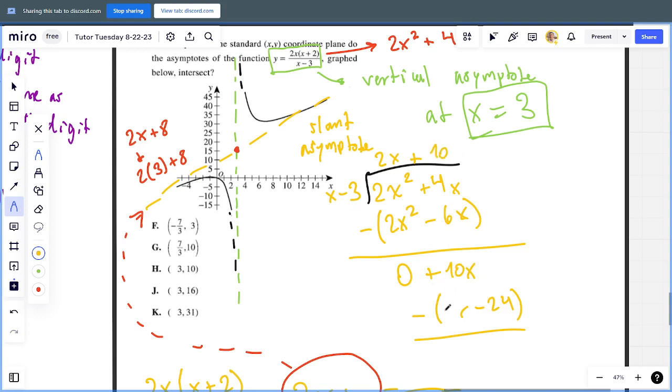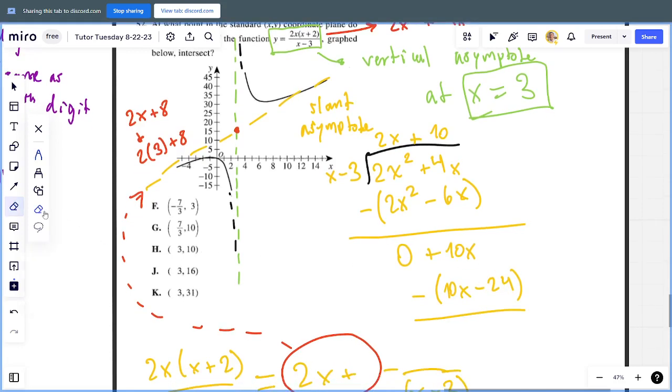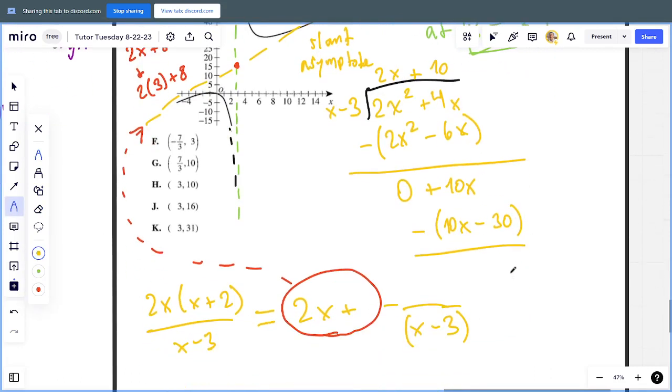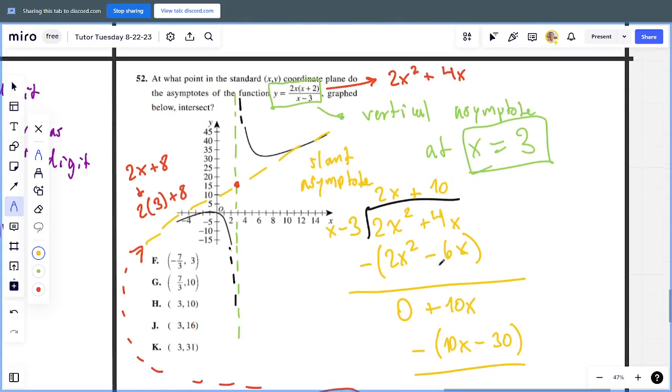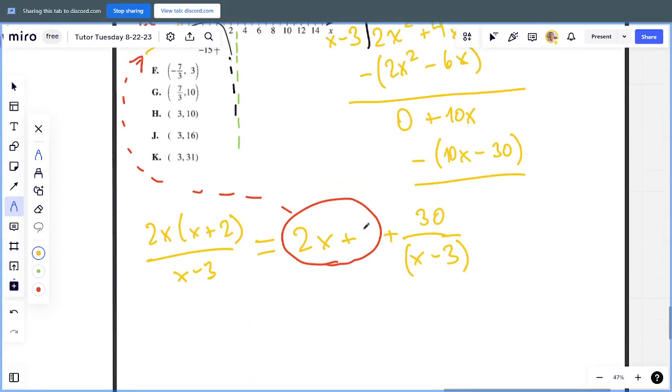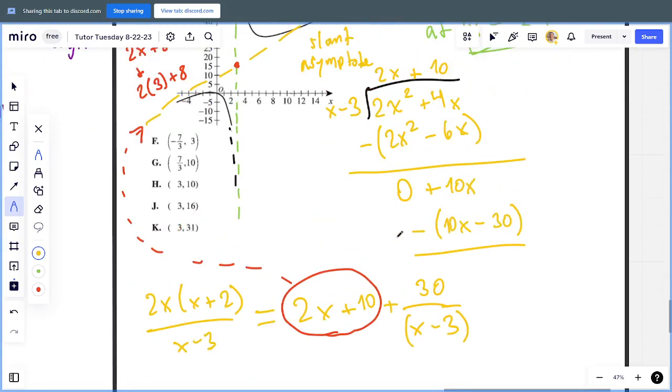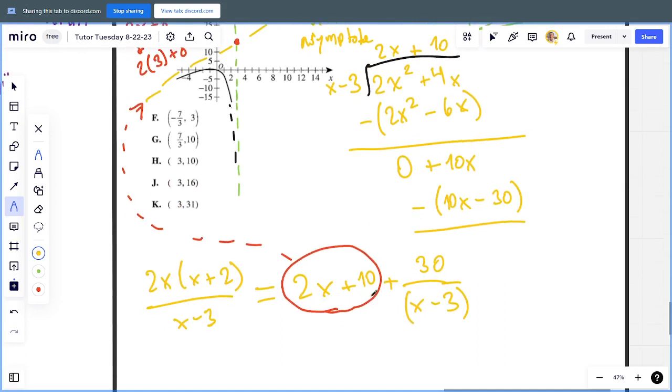Then we can subtract off a 10x minus 30, although the remainder didn't really matter at this point. The remainder is 30. Sweet. That becomes 2x plus 10.